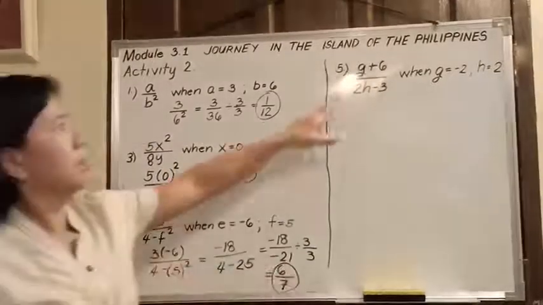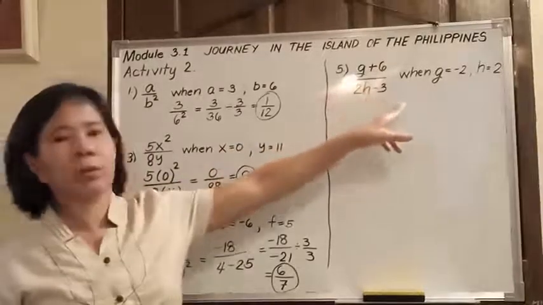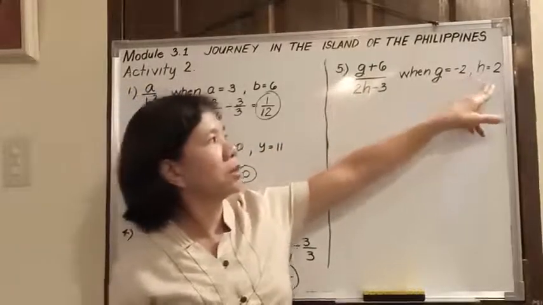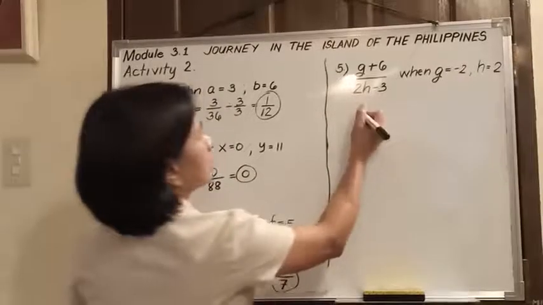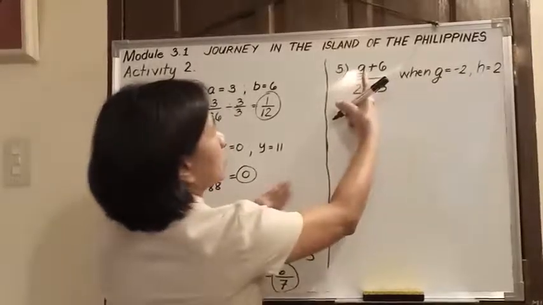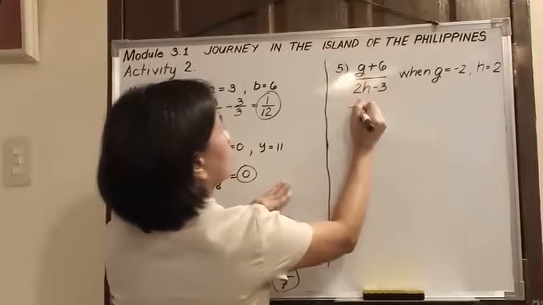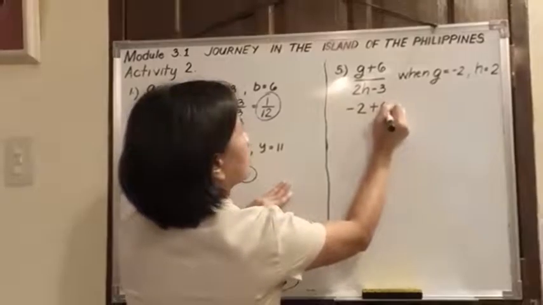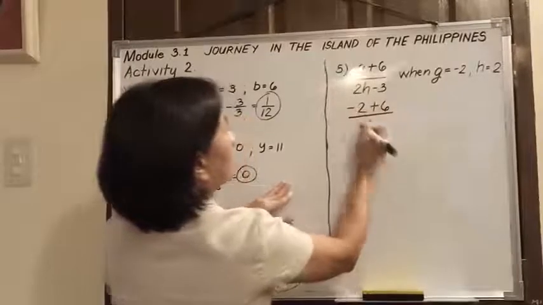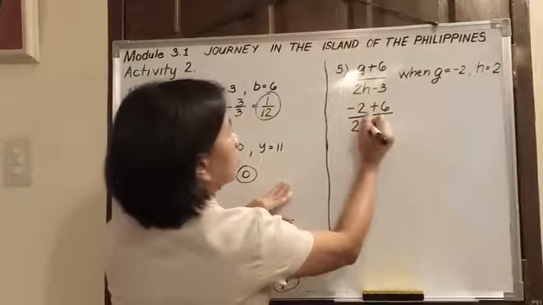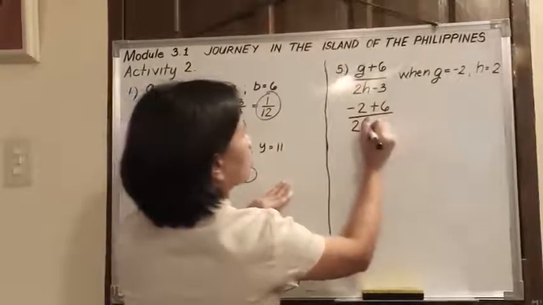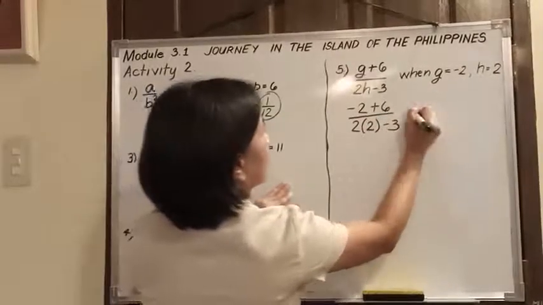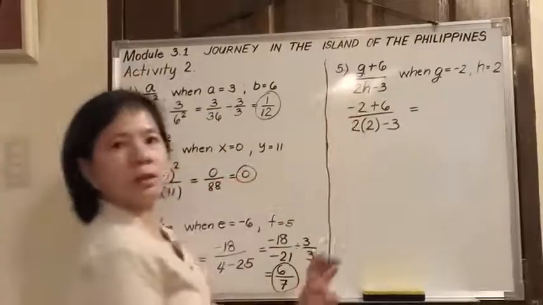Last example. G plus 6 over 2h minus 3. This time, G is equivalent to negative 2. H is positive 2. So, by substitution, we will change G to negative 2. Bring down 6. Bring down 2. Multiply 2 by the value of H, which is 2. Then minus 3. Negative 2 plus 6.